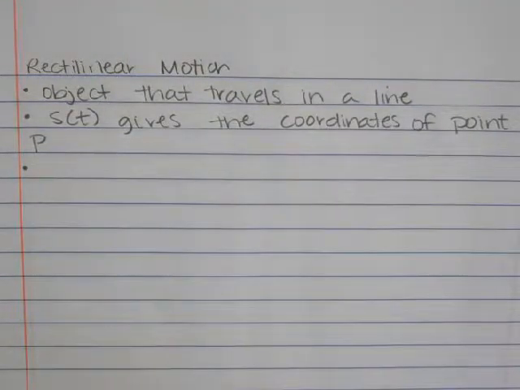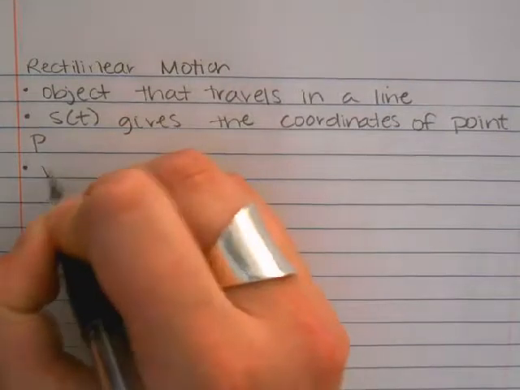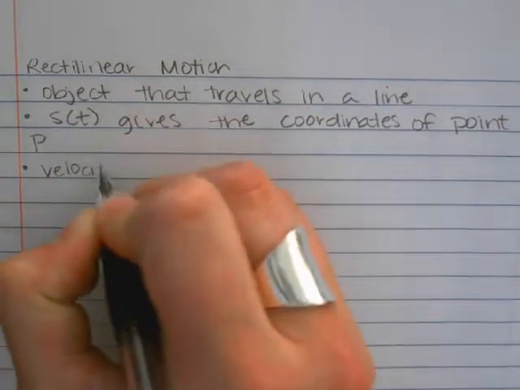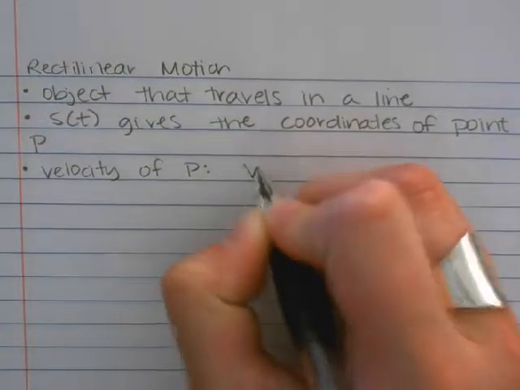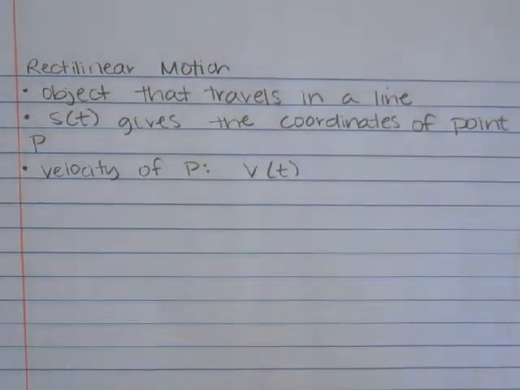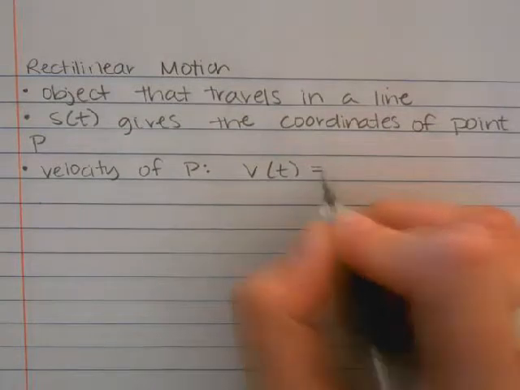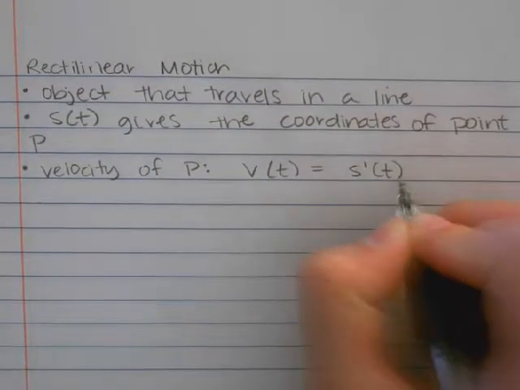So if you have like the original position of something and you take the derivative of that, that gives you the velocity. So the velocity of P is written as v of t, and v of t is the derivative of s of t.